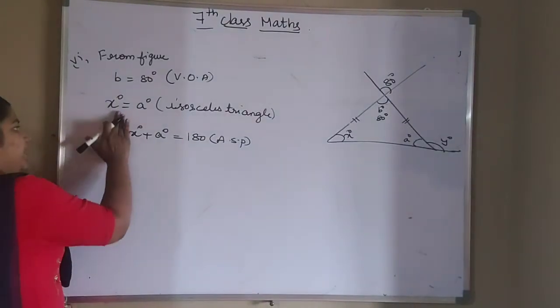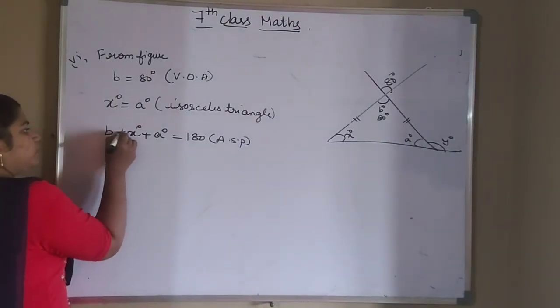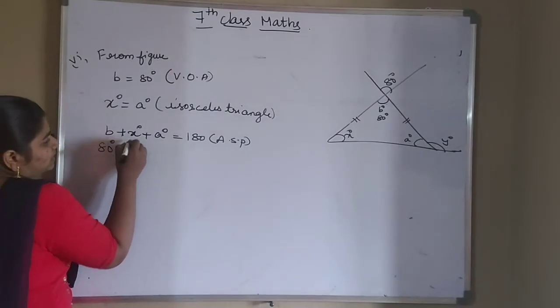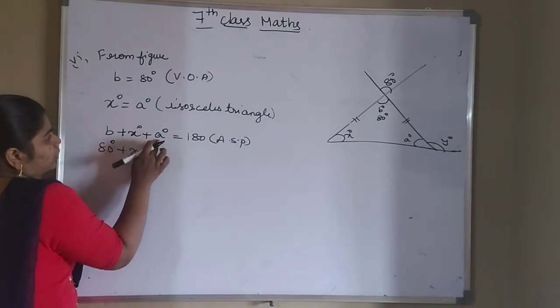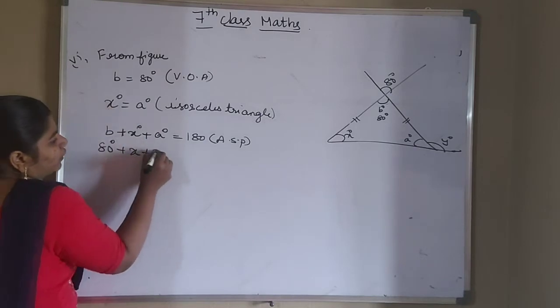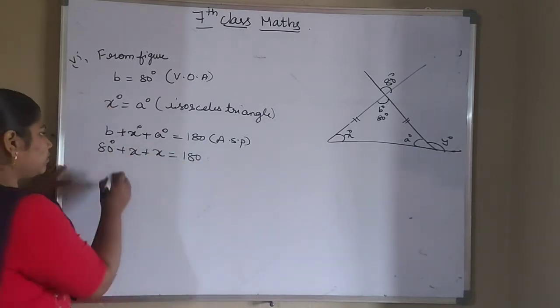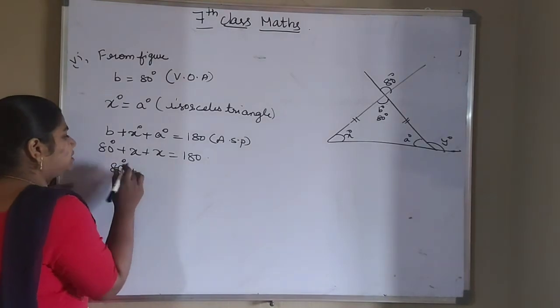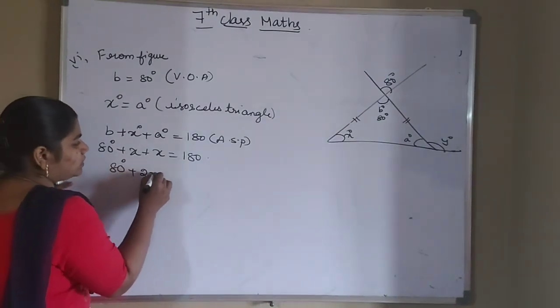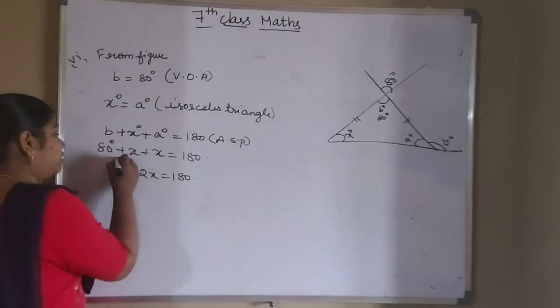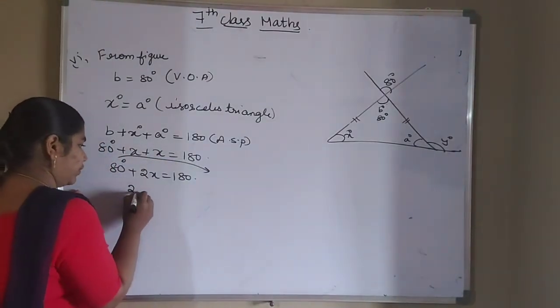Okay, or you take it as B here without confusion. So what is the B value? 80 degrees plus x as it is plus what is A? A we can write in the form of x, is equal to 180. 80 plus x will be 2x is equal to 180. I am sending this 80 to the other side, that will be converted into subtraction.